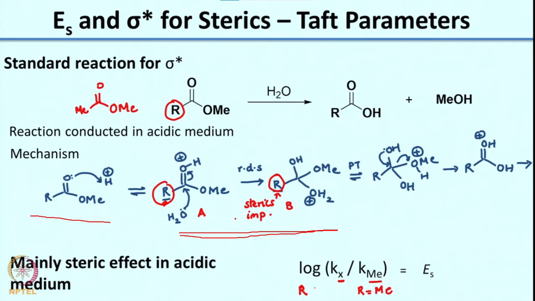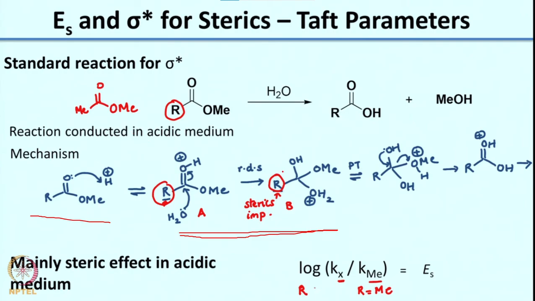But now the second factor we can talk about is the steric factor. While talking about the steric factor, if this R group is different, suppose here we have a methyl group as the R group, what happens here?